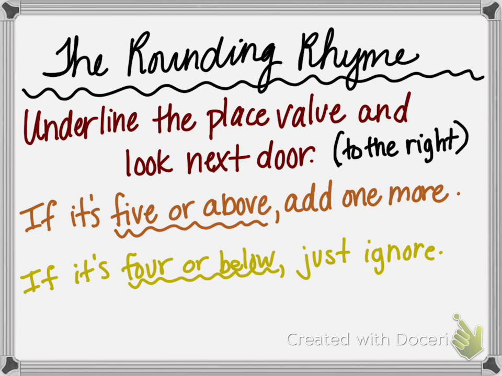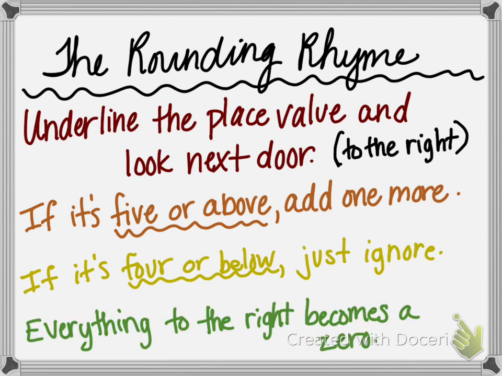If that number next door is 4 or less, you just leave the number that's underlined the same. You don't change it at all. You just ignore it, as our rhyme says. Okay, so 5 or above, add 1 more. 4 or below, just ignore. Leave it the same. You make no change. That's the rhyme. Door, more, and ignore.